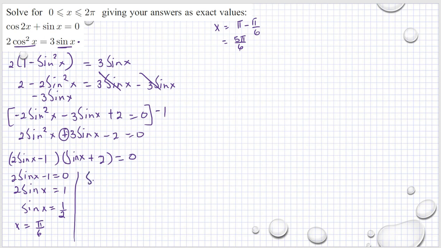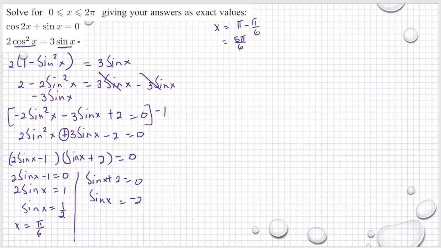And the next one is sine x plus 2 is equal to 0. Subtracting both sides of the equation by 2, we have sine x equal to negative 2. But the highest value for sine x is positive 1 and the lowest is negative 1.